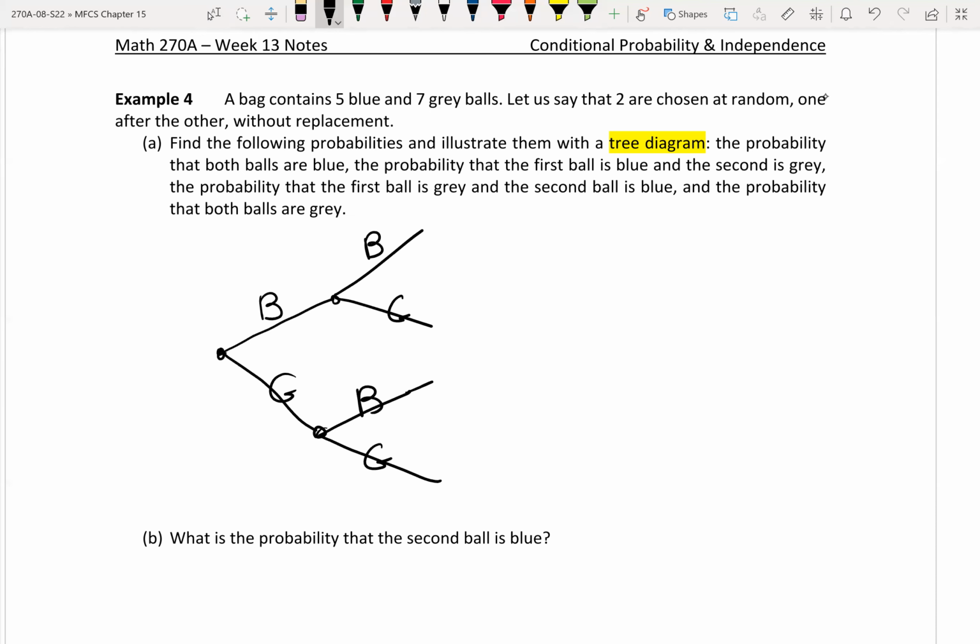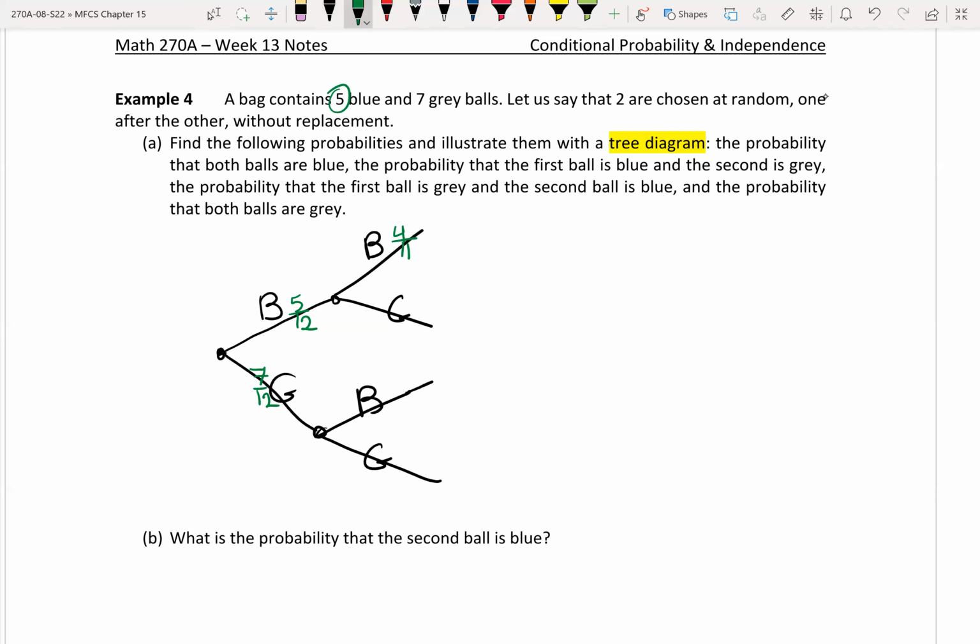At the first step, what is the chance of getting blue out of the bag? Blue is 5 out of 12. Thank you. Gray? And then in the second step, because there is no replacement, what would be the chance of having the second one to be blue?